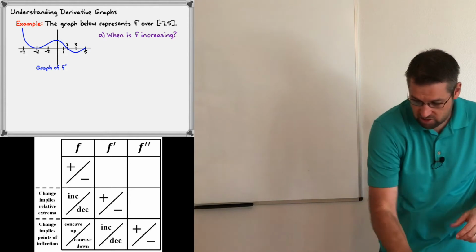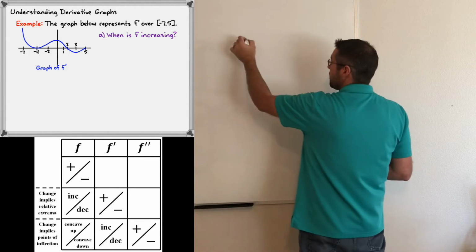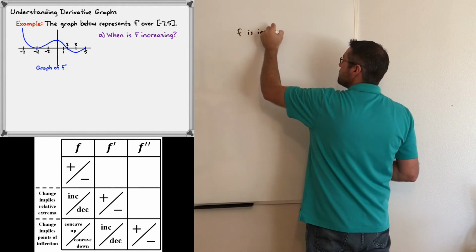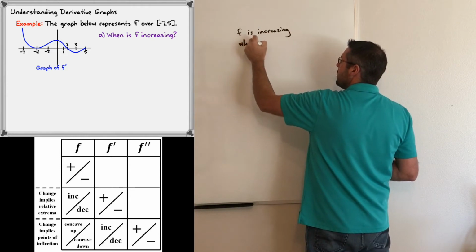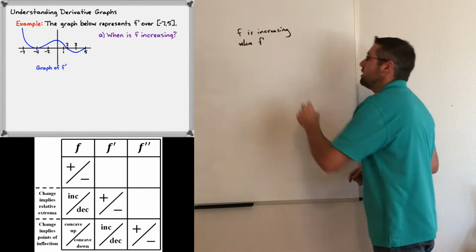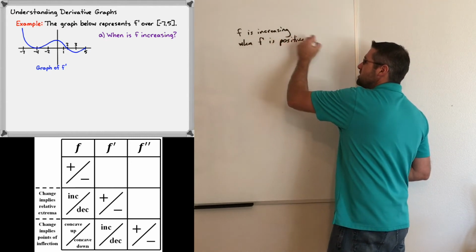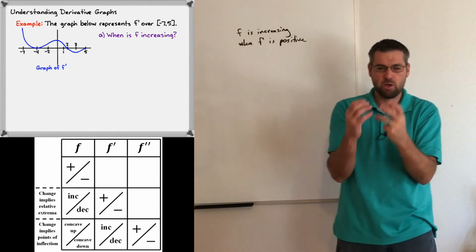Let me give you some justification here. We would say, for part A here, that f is increasing when f prime is positive. So when we're going to justify something, or when we're looking to interpret what's going on, you look at what's asked for.